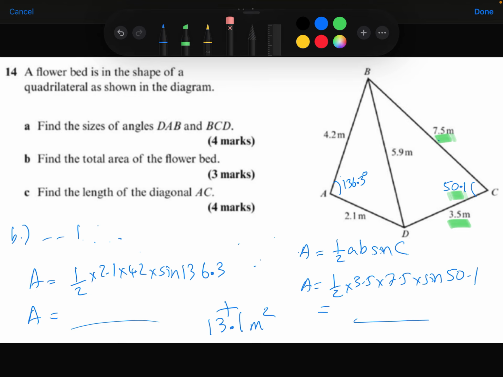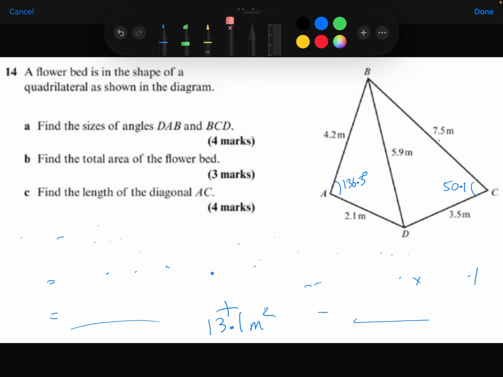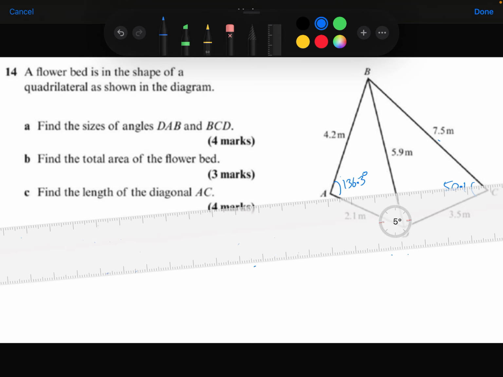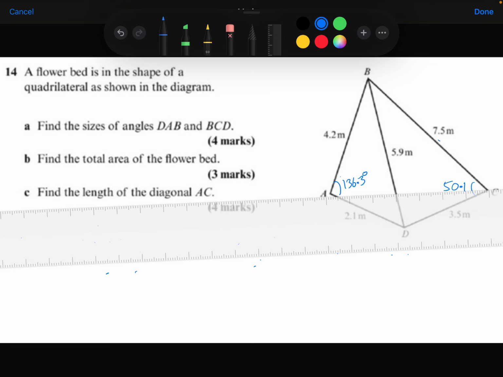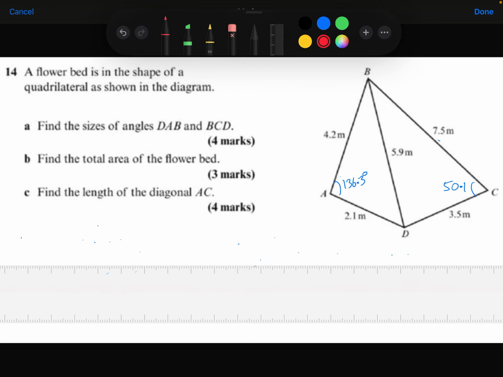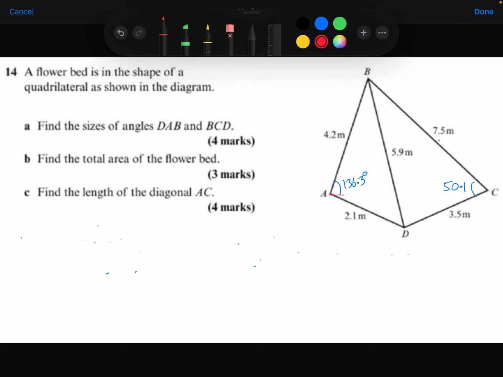Finally, for part C, I need to work out the length of the diagonal AC. So let me just create a bit more space here. Let me mark AC onto my diagram here. So I want to know what's this length here.